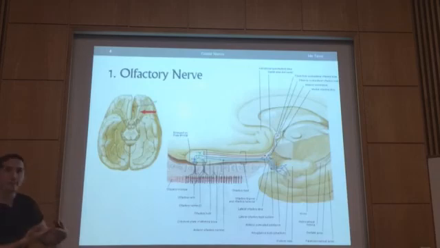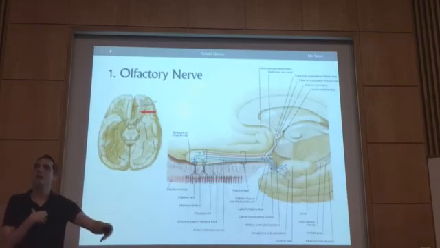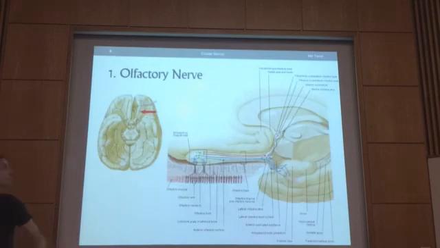Well, not exactly directly, obviously there are synapses in the way, but not through the thalamus. Okay? Between the lateral and medial olfactory stria, there's the anterior perforated substance. If you remember, about 2 hours ago, I mentioned the posterior perforated substance, so there are 2 anterior perforated substances as well, between the lateral and medial olfactory stria. So this is the first cranial nerve.